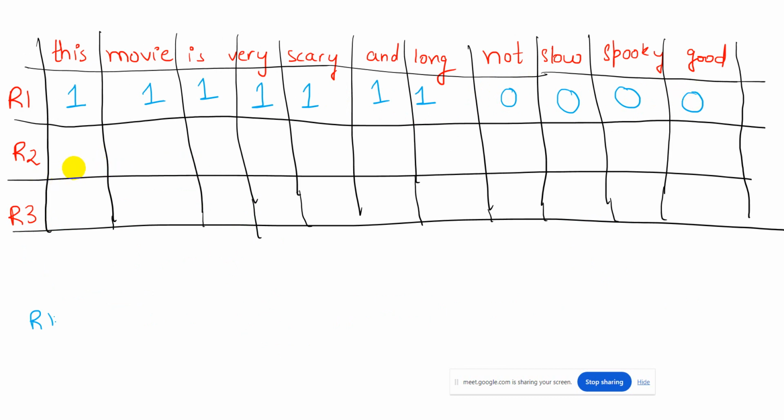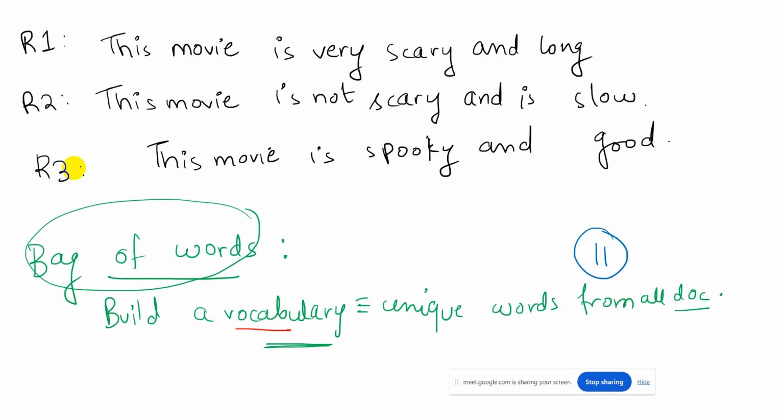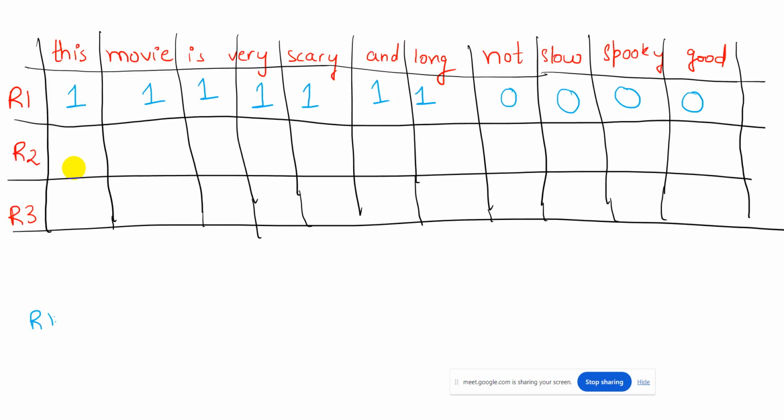Now for the second review. What does it say? This movie is not scary and is slow. Wherever the words are appearing, just write 1. Is appears two times, so you just update the count.